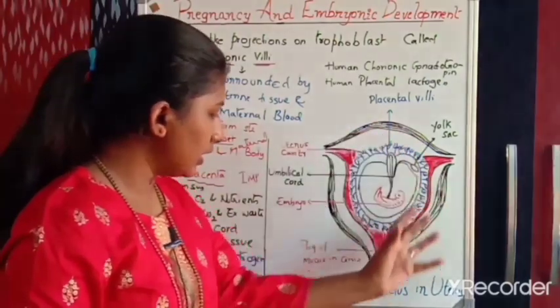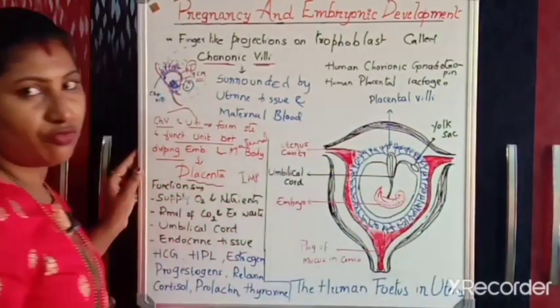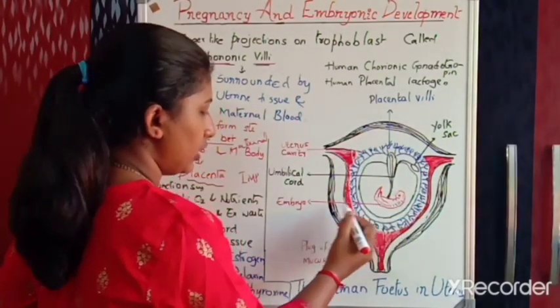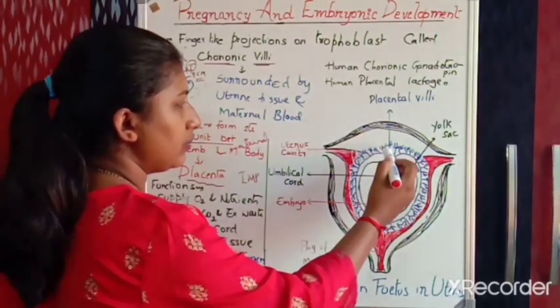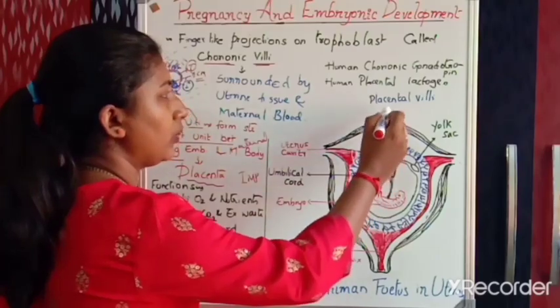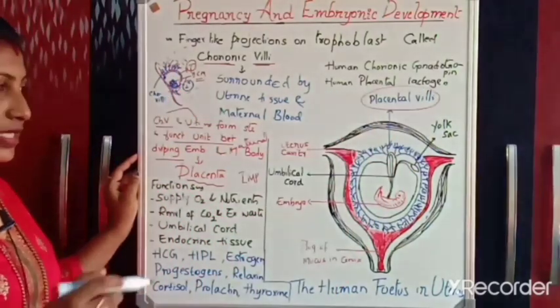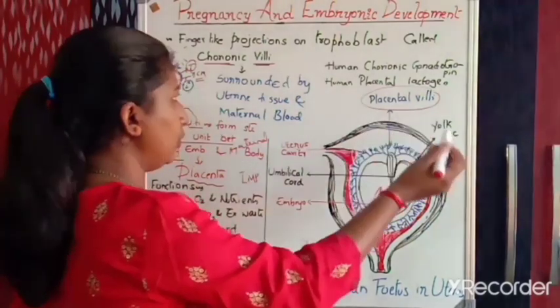So let me explain this picture. This is the picture of the uterus of a mother. Here is an embryo, a growing embryo. Okay, and these blue color finger-like projections are called chorionic villi, or placental villi. Since this structure forms the placenta, it is called placental villi too.